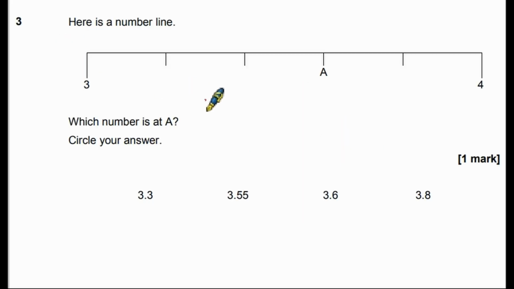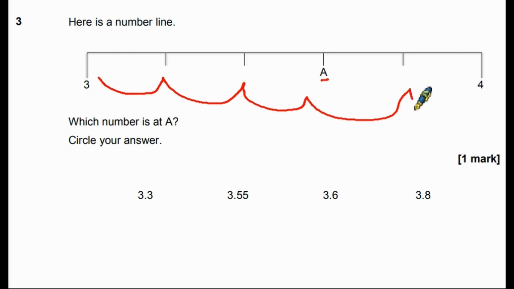Question 3, we have a number line, and we're asked what is the number that should be at A? The number line goes from 3 to 4. So we need to know what each of the little sections are between 3 and 4. Look at the number of steps. It goes up 1, 2, 3, 4, 5 times. So it has gone up only 1, but that 1 is being divided into 5 stages.